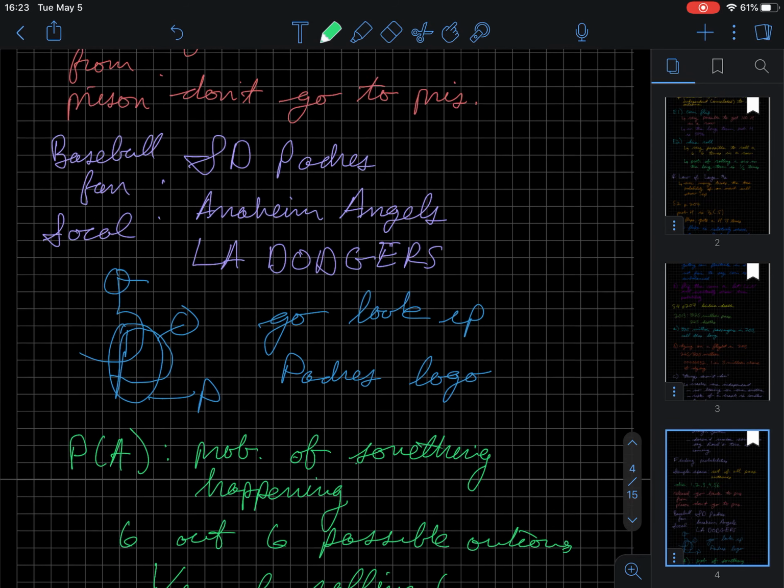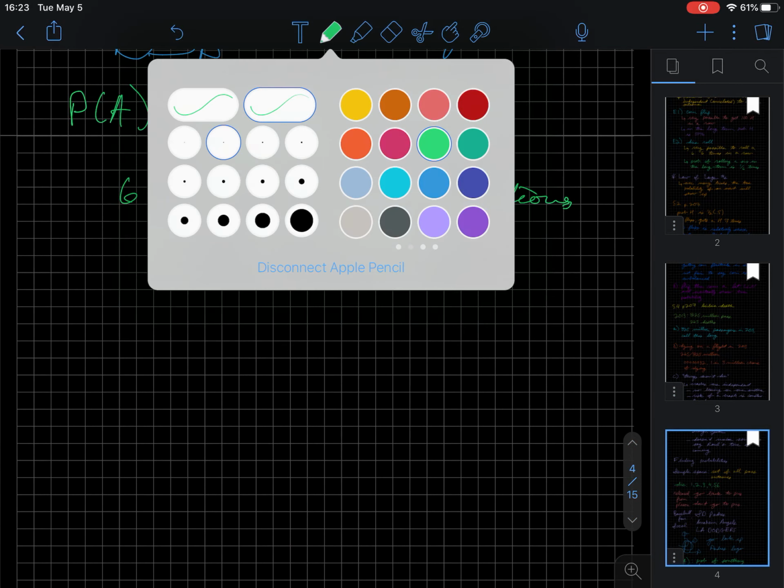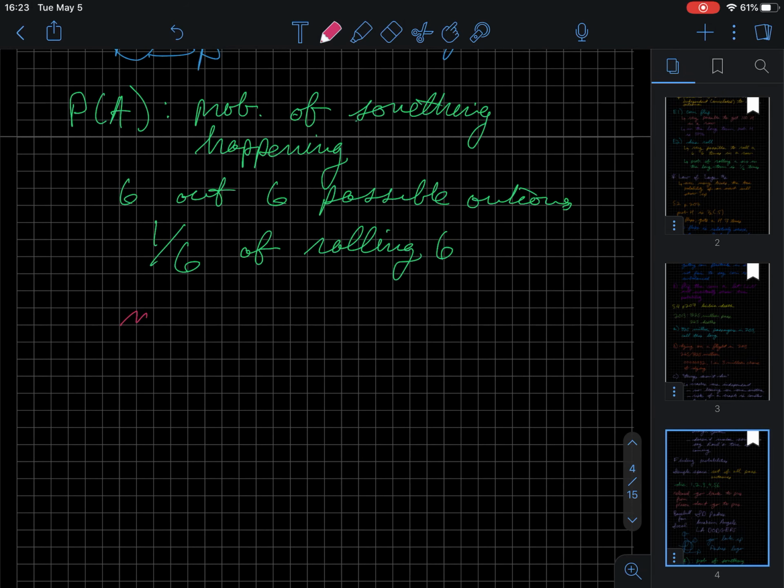If we look back at the prison one, and let's say we were interested in people who do not go back, so people who stay in the community, that's 1 outcome out of, in the way that we framed it, 2 possible outcomes. So there is a 1 out of 2 probability of not going back.